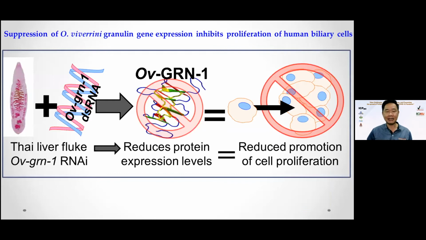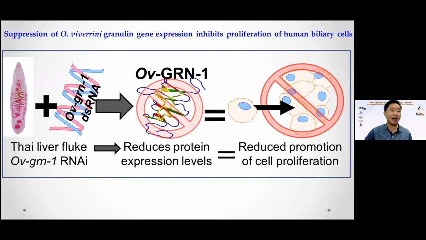That is the early phase when we were working with RNAi. We still could not find a very nice molecule that could be used with RNAi for investigating the pathogenesis of Opisthorchis viverrini. Around 2008, we identified a growth factor protein called Granulin 1 from the proteomic projects.